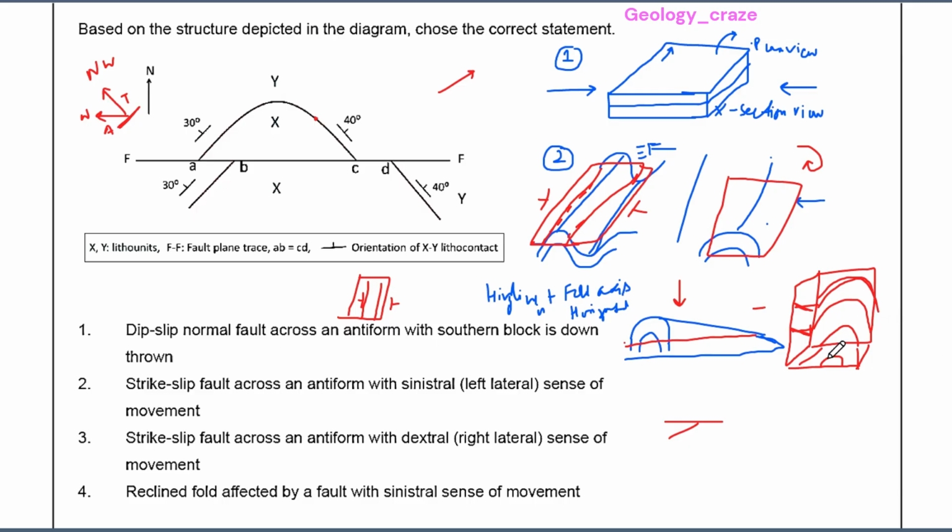But we are getting curved lines on the plane, so it means our fold is plunging. The hinge line is the maximum curvature portion, and the fold axis is also in the same direction, but it is not horizontal in this case, it is plunging. We have some angle.